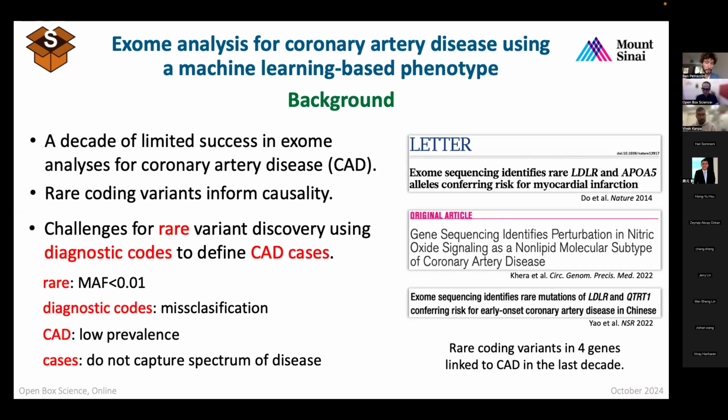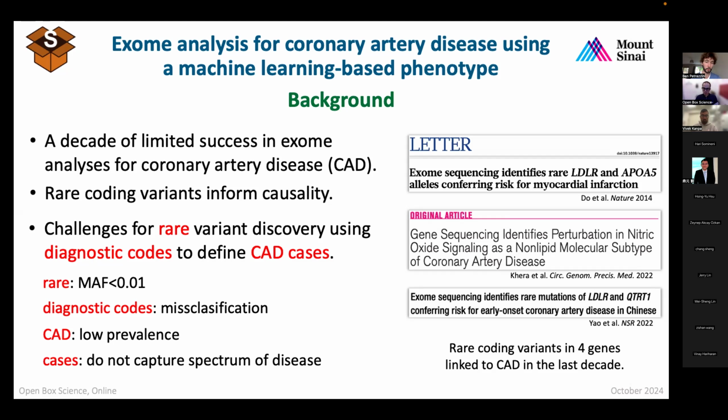The first one being intrinsic to studying rare coding variants. These are defined as having a minor allele frequency lower than 1%. And so the low number of carriers in the analysis lowers statistical significance of the association test. It makes it harder to identify significance in the signal.